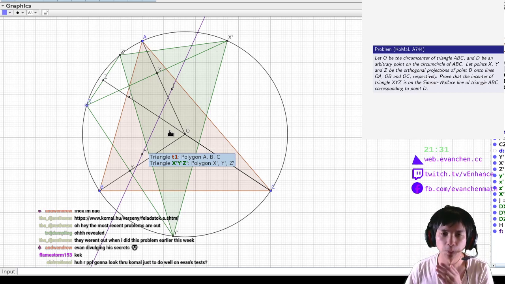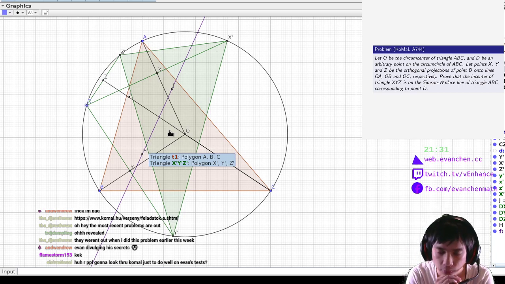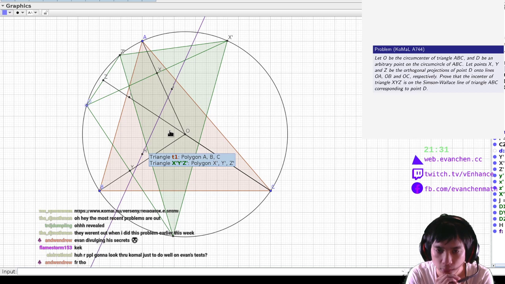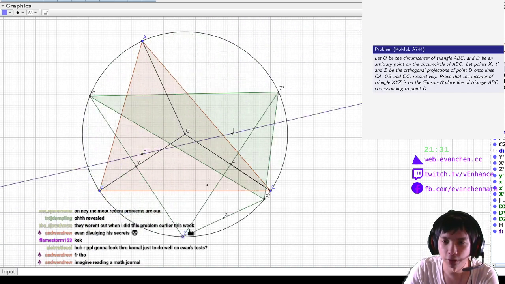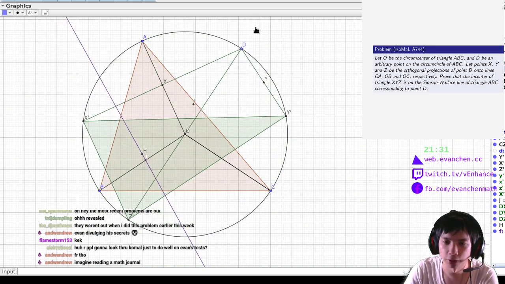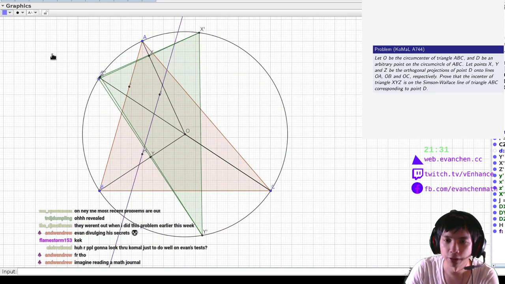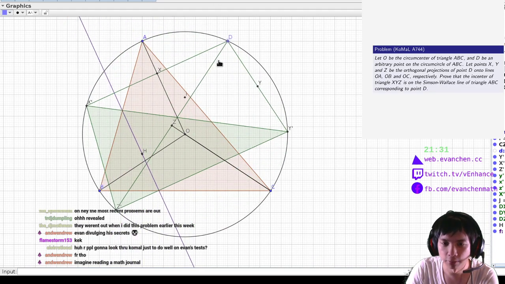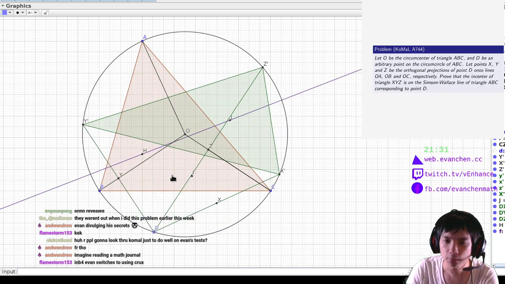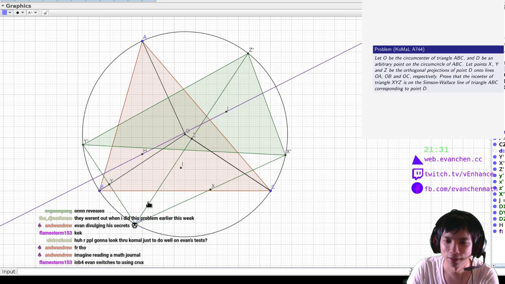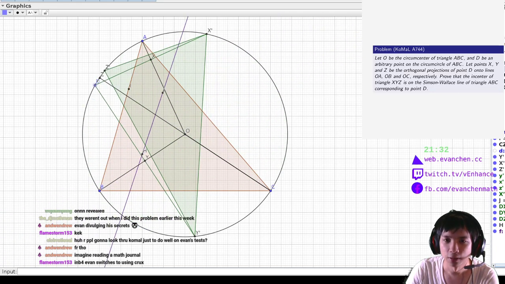Okay, so what's going on? Oh, okay, I know what's going on. Because this triangle, we're just rotating the triangle, right? And there's a certain point where this triangle will exactly coincide with, wait, no, not here. Where is it? Damn it. I know it's somewhere.